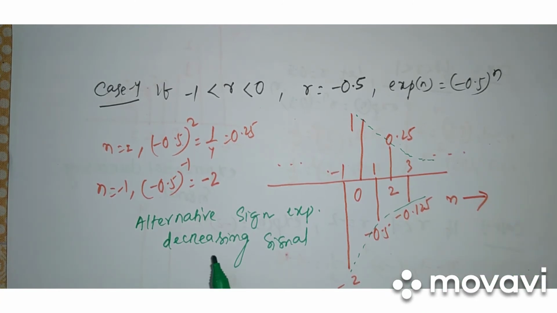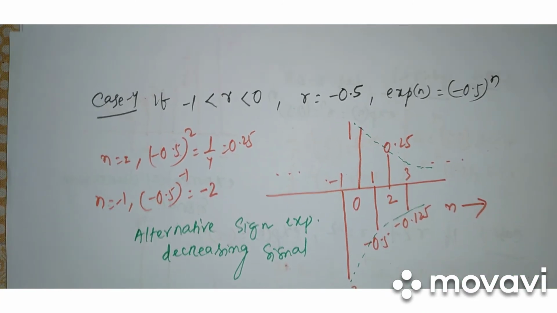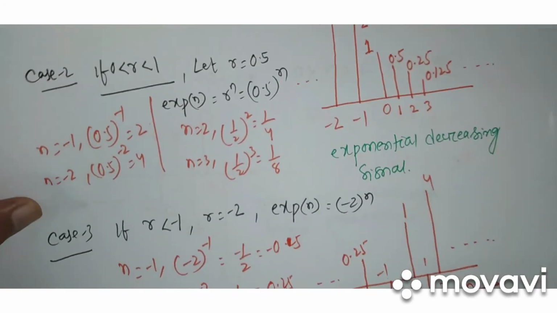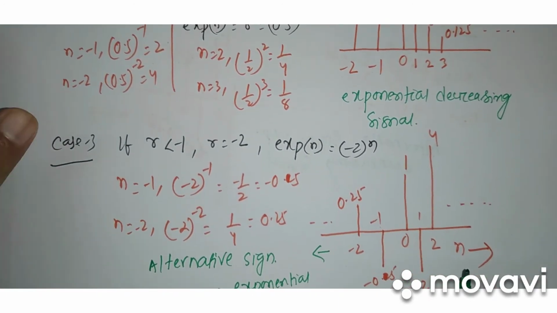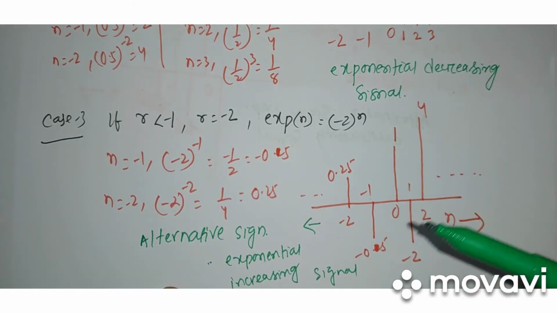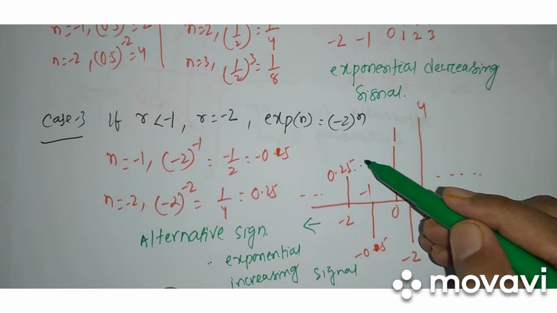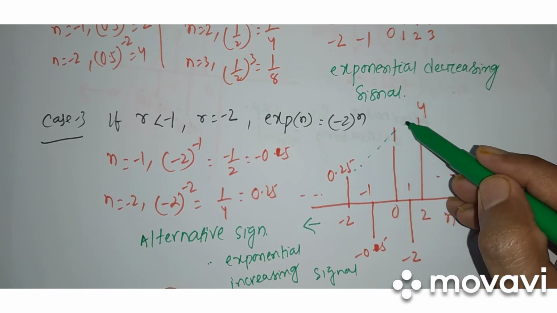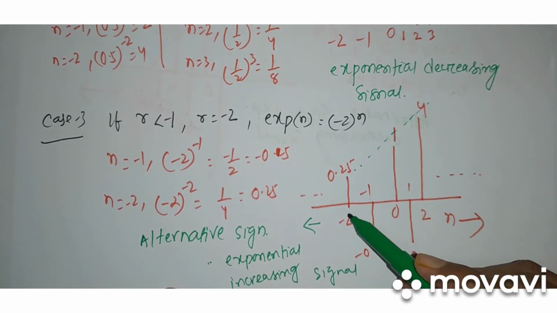So it is an alternative sign exponential decreasing signal. Like the previous case, when r is less than minus 1, on the positive side the amplitude is increasing, and similarly on the negative side also it is increasing. Minus 0.5 to minus 2 means a little more.